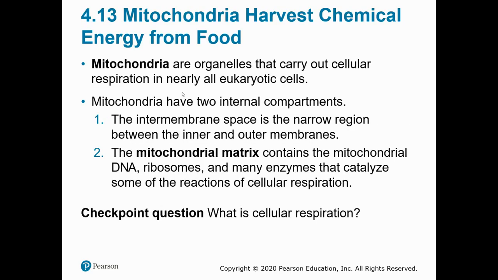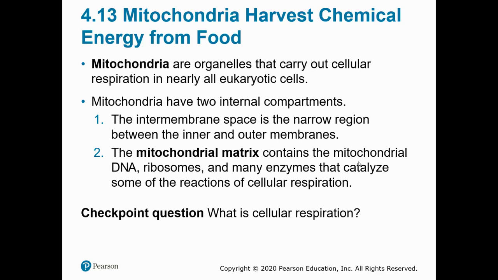But basically, what we have here is the mitochondria, which have two internal compartments, and there's an intermembrane space. Now, this is very important because it tells us a little bit of something about the origin of the mitochondria. The mitochondrial matrix contains mitochondrial DNA, which is different from our DNA.